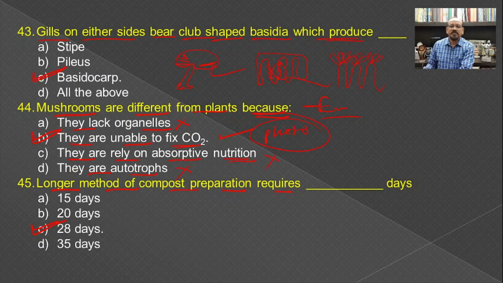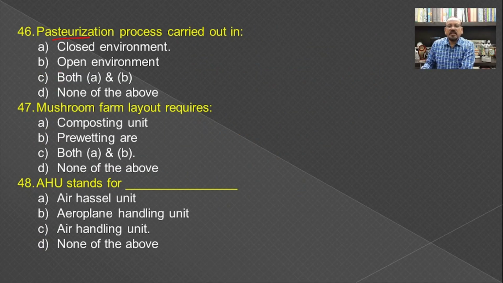Then the pasteurization process is carried out in: pasteurization is nothing but providing heat, so it is a heating process given to the mushrooms in a closed environment. Then mushroom farm layout requires: if we see the mushroom farm, the layout must include the composting unit and even the pre-wetting units.